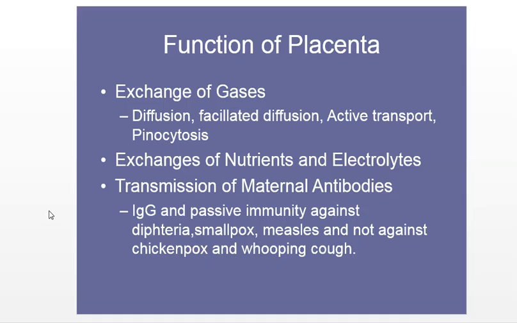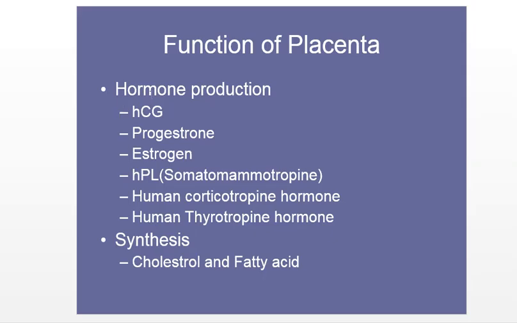Okay, and another role of the placenta is secretion of some hormones; hormone production also takes place in the placenta. During the first 2 months of pregnancy, the syncytiotrophoblast also produces human chorionic gonadotropin, or HCG, which maintains the corpus luteum.